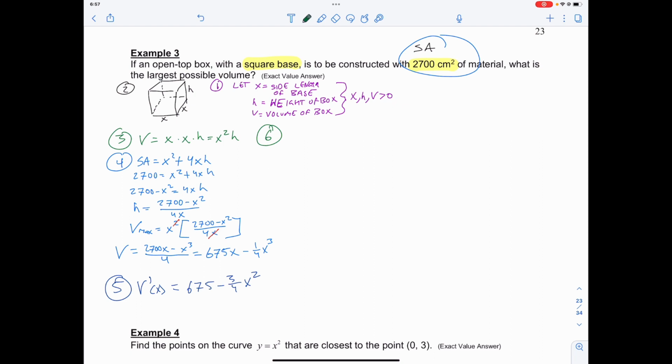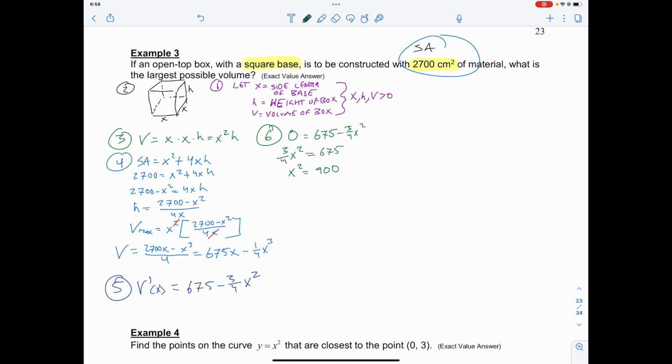So if 0 is equal to 675 minus 3 over 4 x squared, then that means that 3 over 4 x squared is equal to 675. And when I multiply by 4 and divide by 3, then I get x squared is equal to 900.